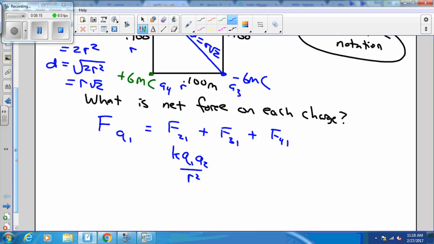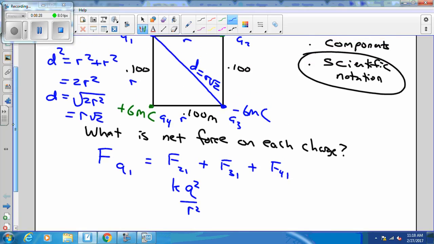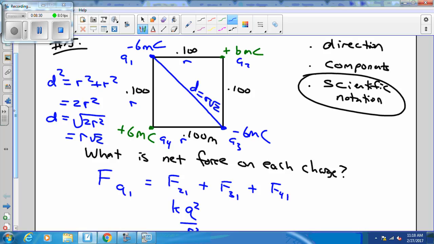Okay, so we agreed then that we're going to call those distances R, and we're going to call those charges Q, so that when I multiply Q times Q, I get Q squared. Now, let's come back to the question of direction. For that, we're going to have to use our hands. My force is going to be attractive or repulsive?